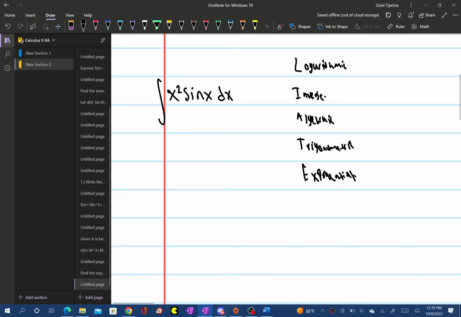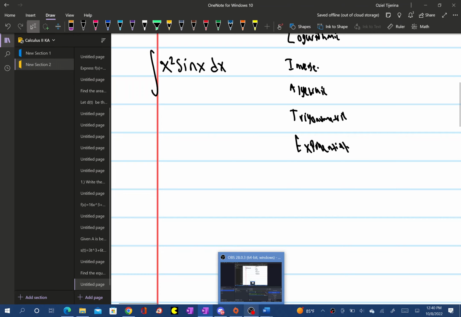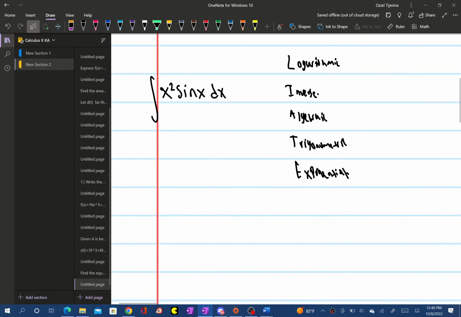So obviously, to know what u is, we have to see what we have so far. We see that we have an algebraic term and a trigonometric term.